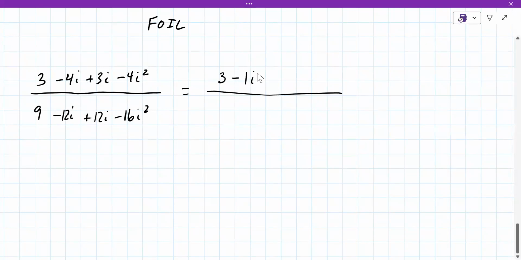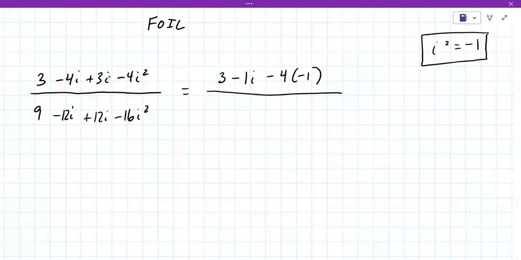The i stays, but you can add them up. i squared equals -1. That's an important thing in this part of the course. This last part becomes minus 4 times -1. Take a look at that and just make sure you're comfortable with how that's been simplified, please.